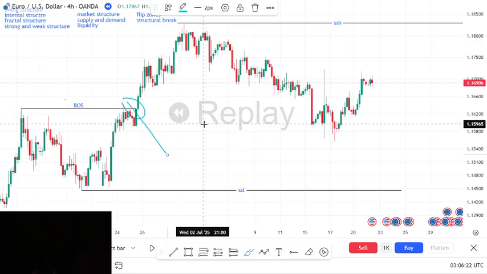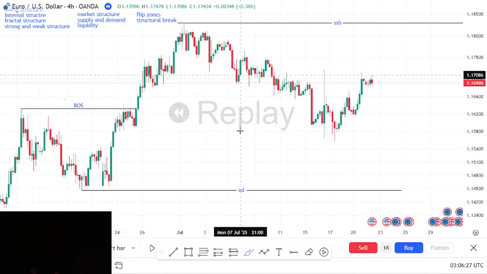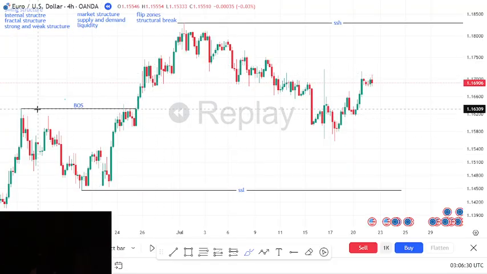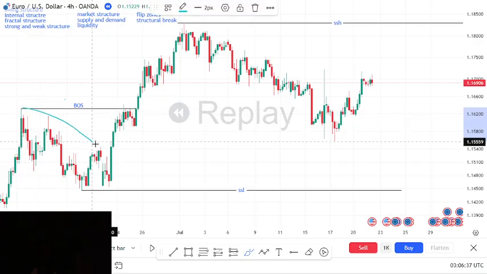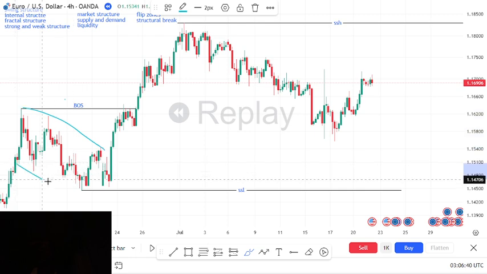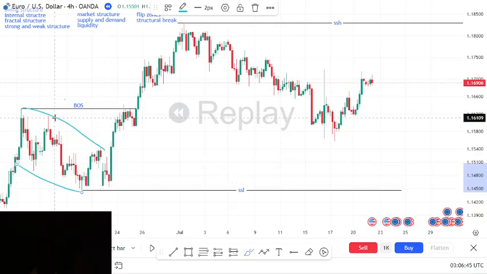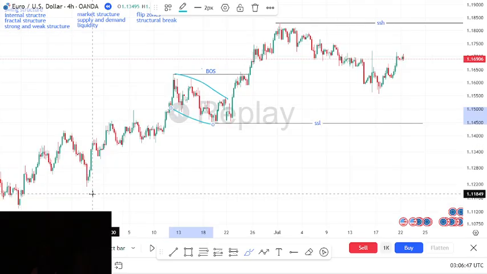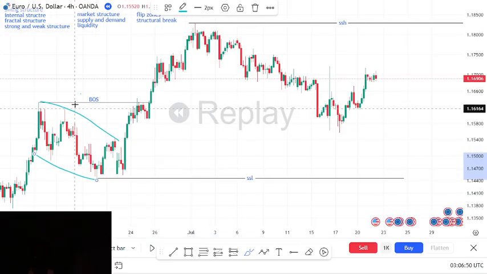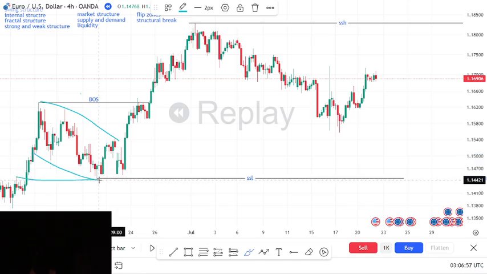The reason is, when we have a structure like this, where we have this trend line liquidity resting above and this trend line liquidity resting below, and we have a strong structure, price creates this high and pulls back into these kinds of demand regions.